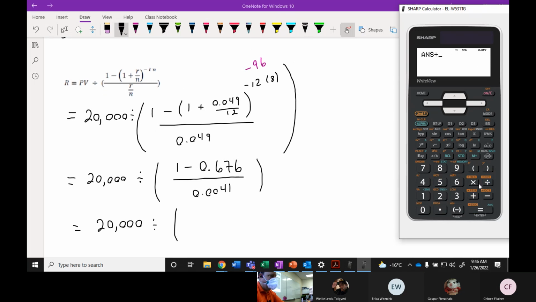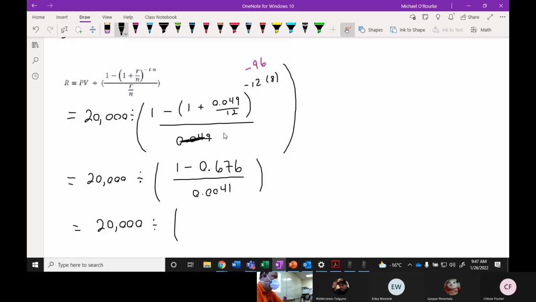Okay, so you divide by 0.049. So you divide by R over N. Oh, I see what I did wrong. R over N is 0.049 divided by 12. Those two numbers are the same.